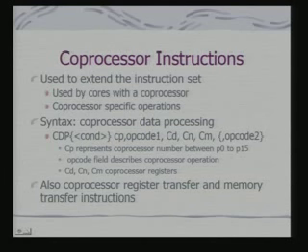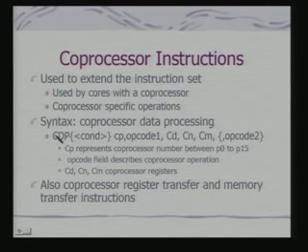That is why in the ARM instruction set you have what are called coprocessor instructions. In fact, the mnemonic for one of the coprocessor instructions, the coprocessor data processing instruction, is CDP.